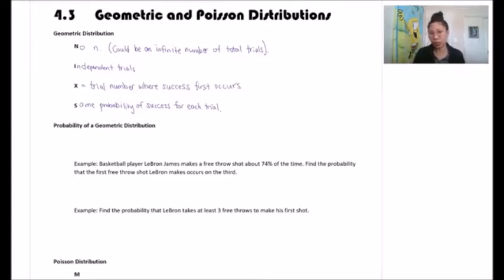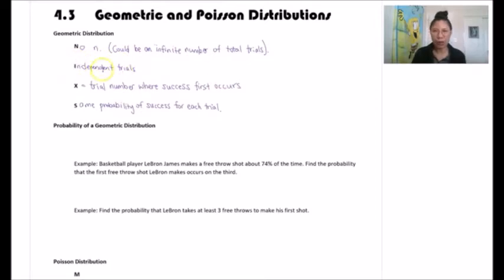Because with geometric, what we're being asked about is how many trials we fail until we get a success. So when we talk about our x variable, x is going to stand for the trial number where the success first occurs, which means you're going to fail a bunch of times, and then on whatever x value they ask about, that's where we finally get a success.